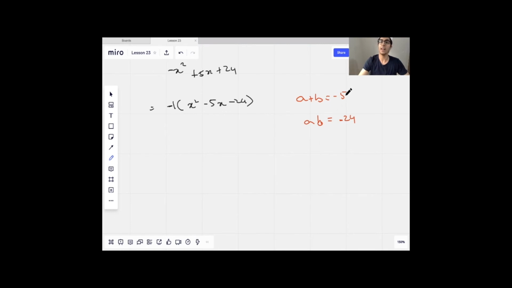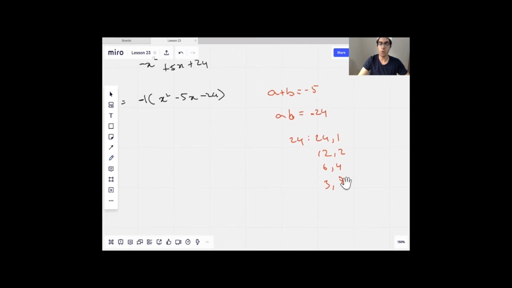And because we know a plus b is minus 5, the bigger number is going to be the negative one. So we look at 24: the factor pairs are 24 and 1, 12 and 2, 6 and 4, and 3 and 8. We have the minus 24 as well, but since a plus b is minus 5, the bigger number is going to be the negative one.